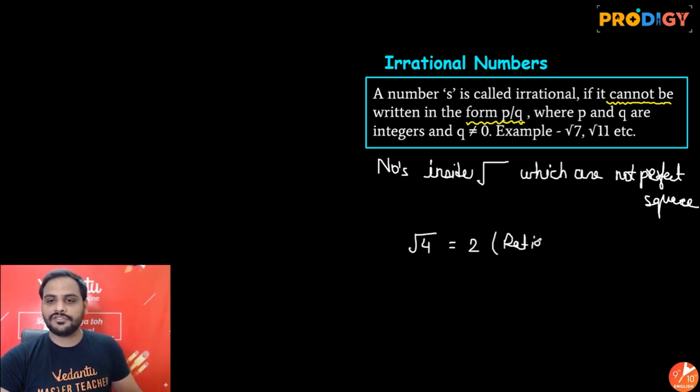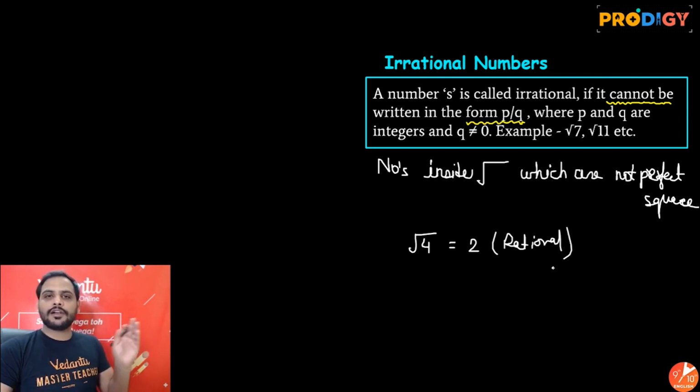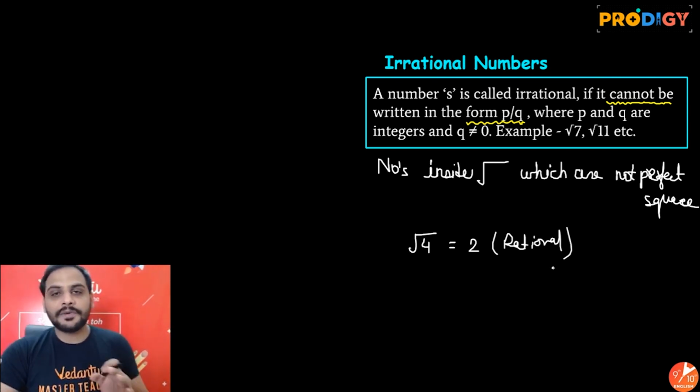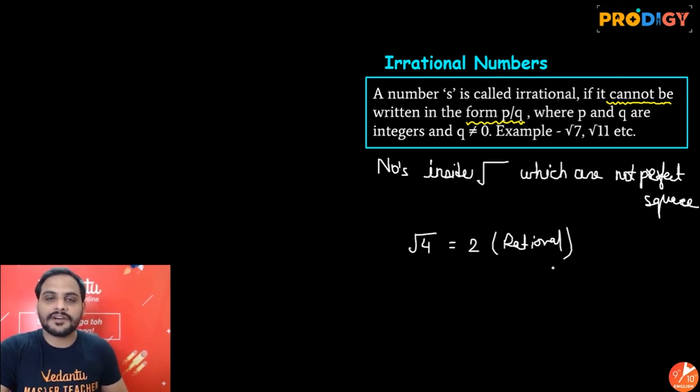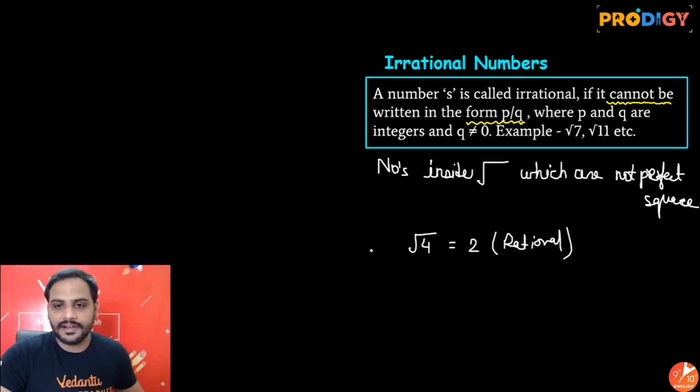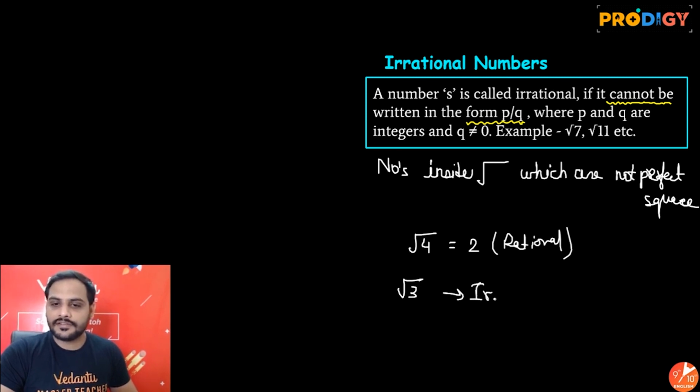So it is not like anything inside a square root will give you an irrational number. But any number which is not a perfect square, if that is inside, suppose root 3, then yes, it will be an irrational number.